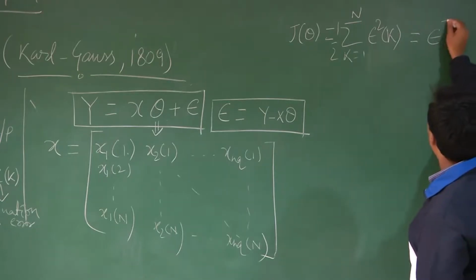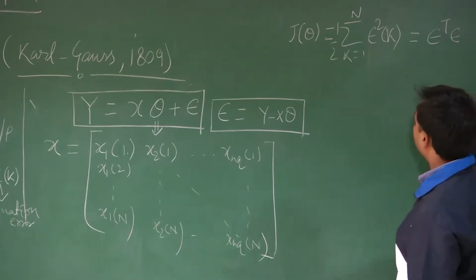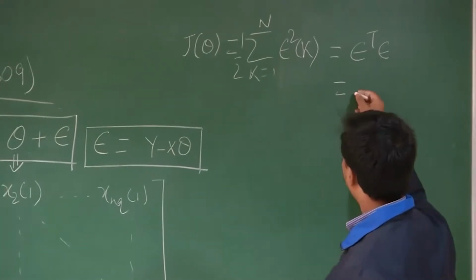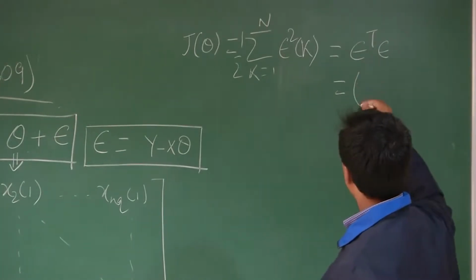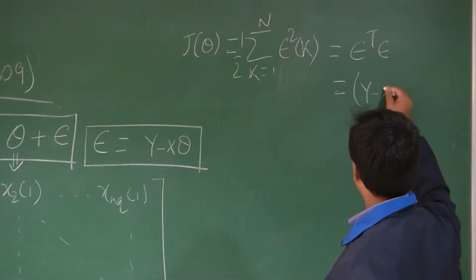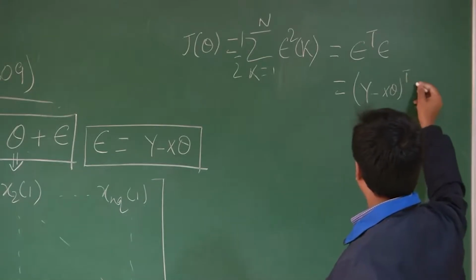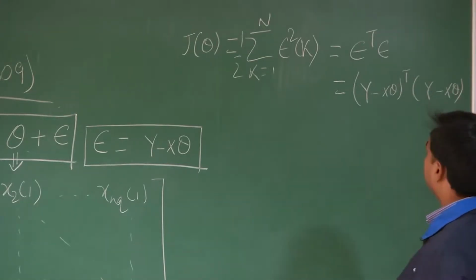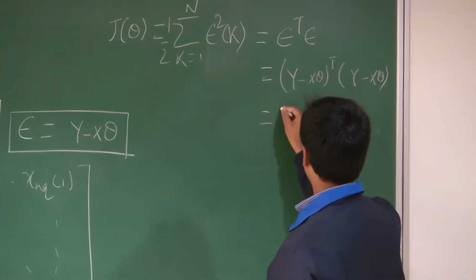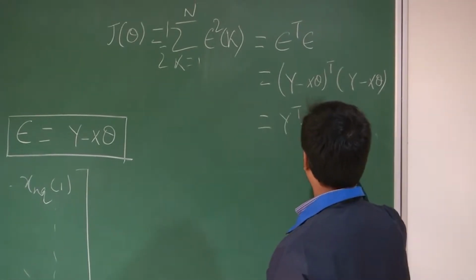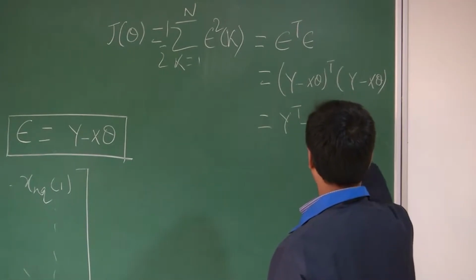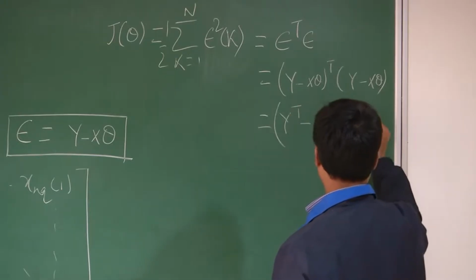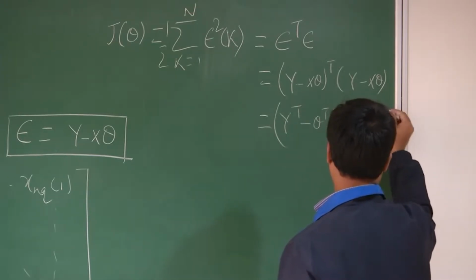You can write epsilon transpose epsilon, right? And once you expand this with this relation, it will become (y minus x theta) transpose times (y minus x theta). So you can also write (y transpose minus theta transpose x transpose) times (y minus x theta).